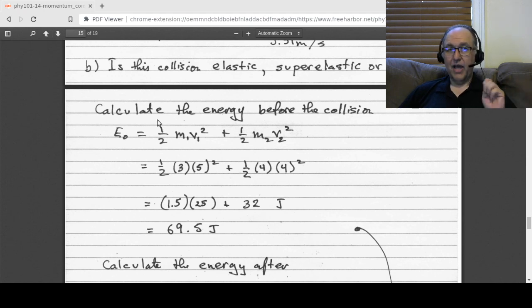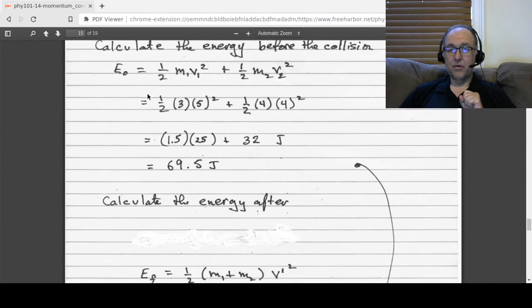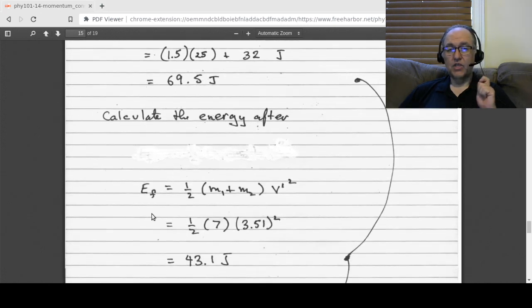What about the energy after? Well, there's only one mass after. So the energy after is 1/2 total m, which is m1 plus m2, multiplied by their combined velocity squared. The total mass is 7, 3 plus 4. The velocity after, just the magnitude of the velocity, we found to be 3.51 meters per second.